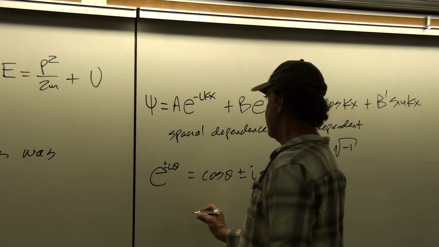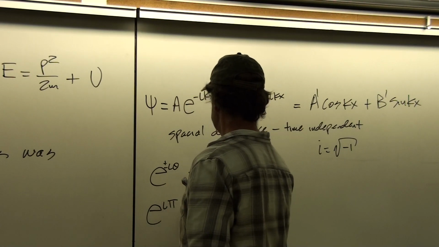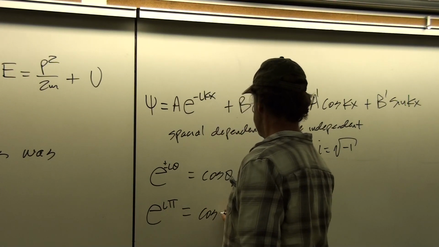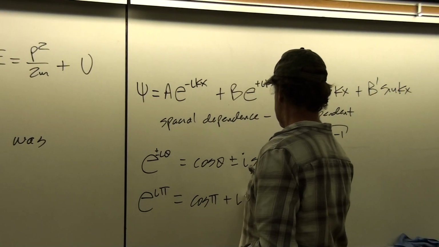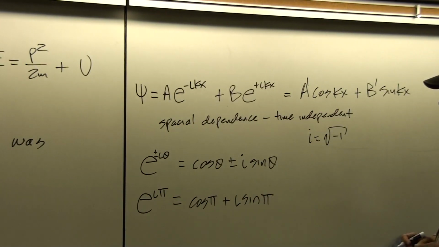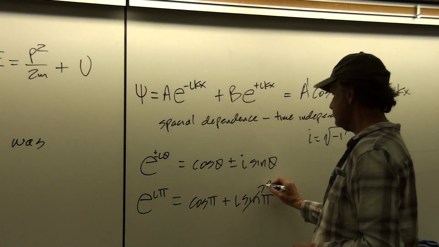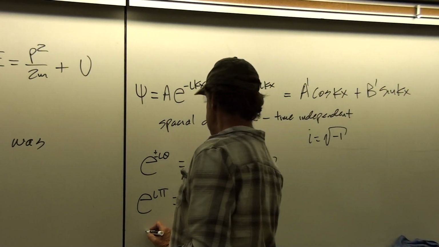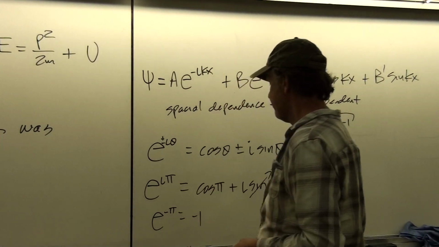Okay, and let's say, for example, that we wanted e to the i pi. That would be the cosine of pi plus i sine of pi. Okay, so the sine of pi is 0. So we have here e to the i pi is equal to -1.